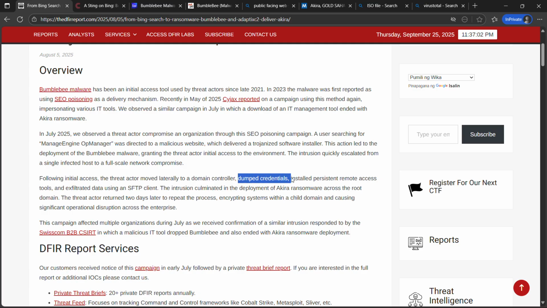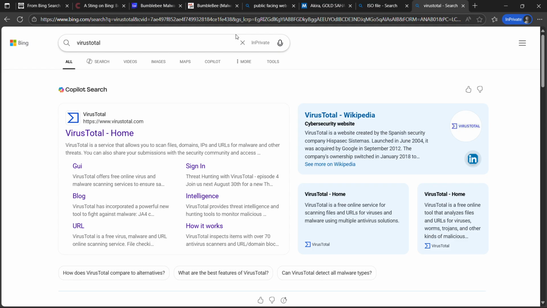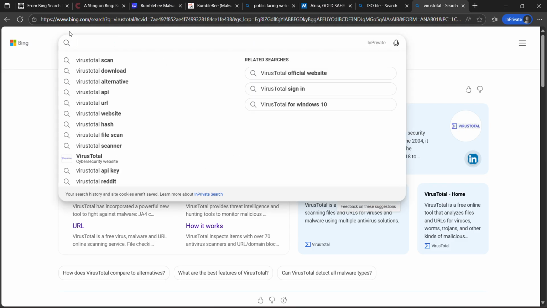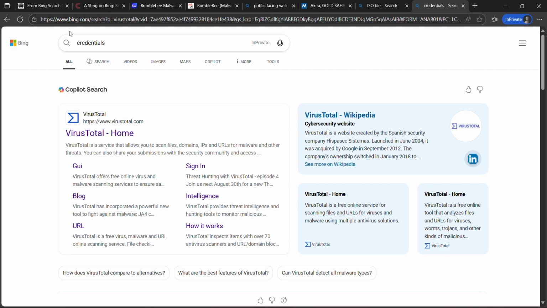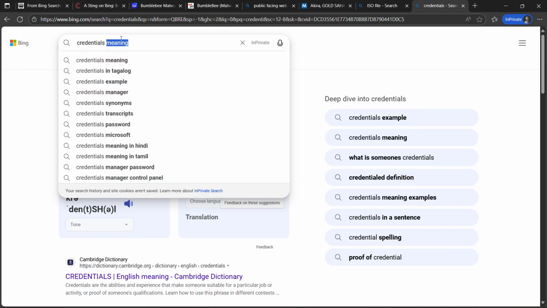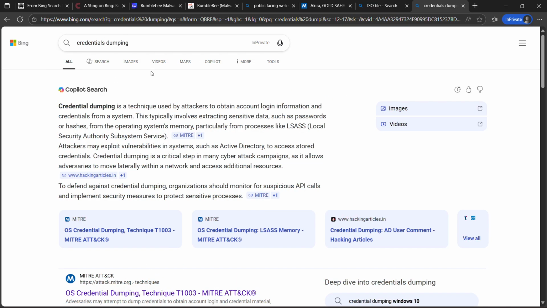Basically, credential dumping is like, you know what, let's stop. Maybe I'm wrong. Credential dumping. This typically involves extracting sensitive data such as password hashes from the operating system's memory.